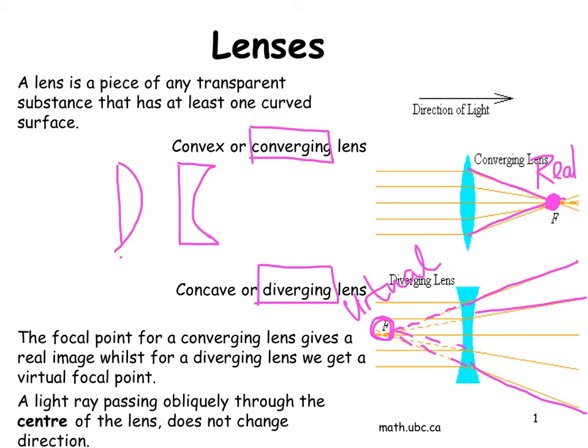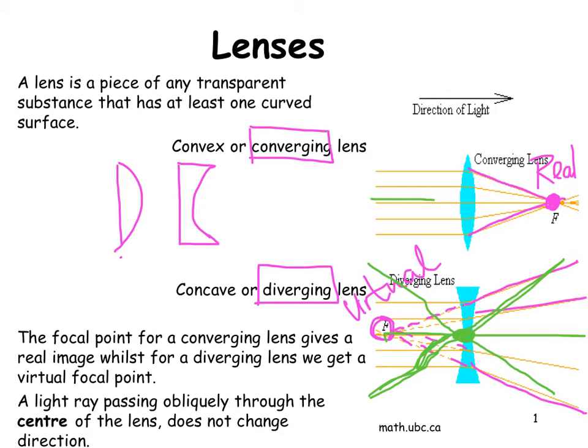So a light ray that goes through the center of any lens does not bend at all. If I were to send a light ray straight through the center at any angle, you land up with any light ray that goes through what is known as the optical center of the lens not bending.